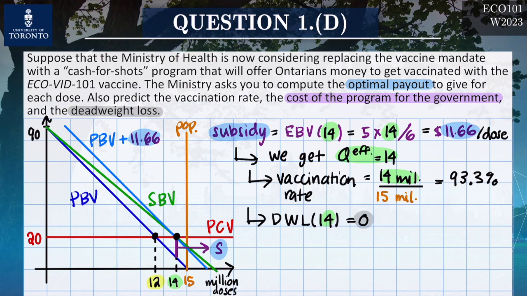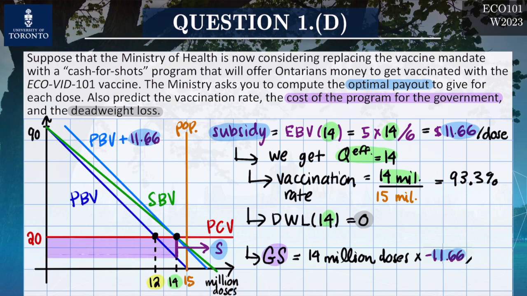And we do have one more thing to compute in here, which is the cost of the program for the government. So we want to find what is government surplus with this subsidy. And this is just the area of this rectangle in here, which is just the number of doses received at the optimum, which is 14 million doses with this subsidy, multiplied by the subsidy, which is $11.66 per dose that the government pays to individuals in order to restore efficiency.